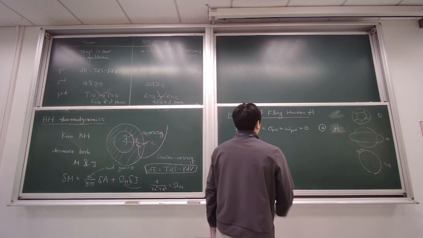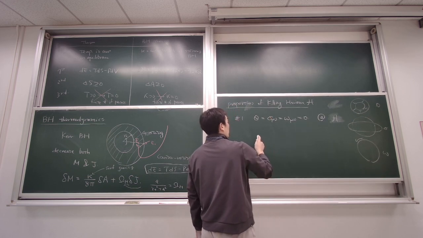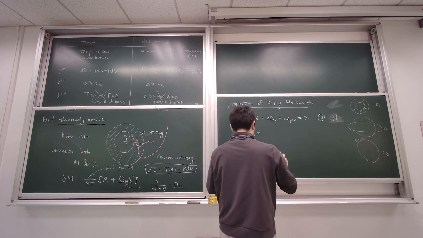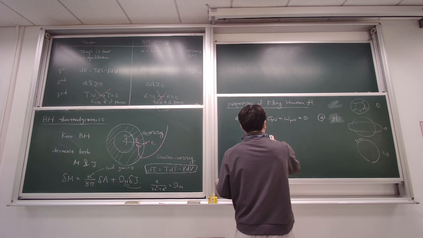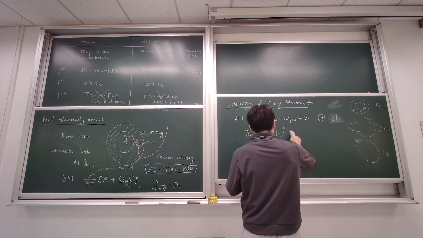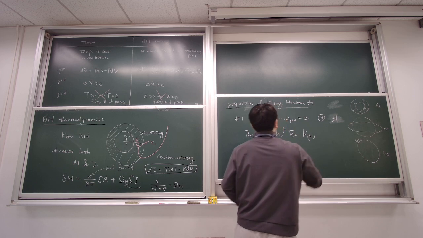So to derive that, we recall the definition of theta, sigma, omega. B mu nu is defined by the projection on the hypersurface, with k, alpha, beta, like this way.